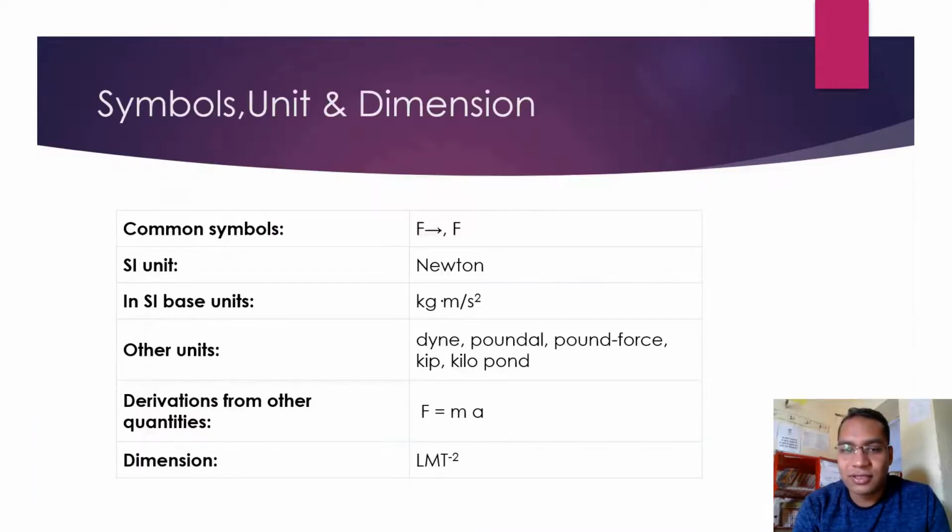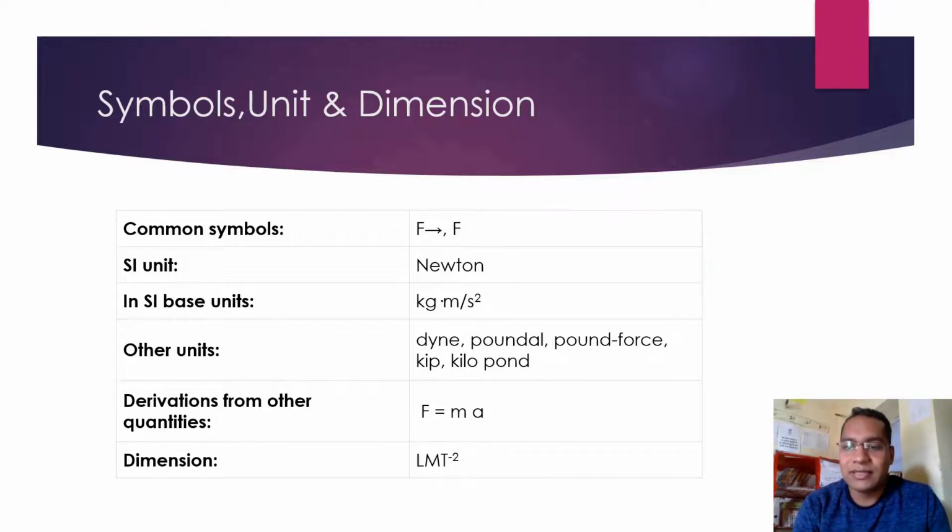Now we will see the symbol, unit and dimension of force. Symbol of force is vector F. Why vector? The symbol of vector is an arrow. The arrow denotes the direction, because force has magnitude and direction too.